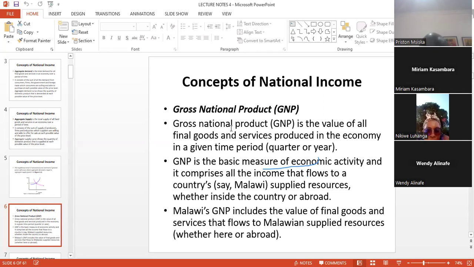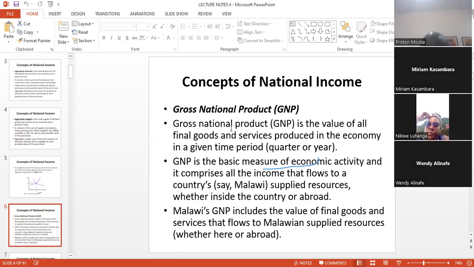So if Malawi has factors of production owned by Malawians, this could be land, this could be labor, this could be capital, this could be entrepreneurship, because we have these four factors. And those four factors that are owned by Malawians, Malawian-owned factors of production, those are the ones which have been employed in producing something. That something will be called gross national product.